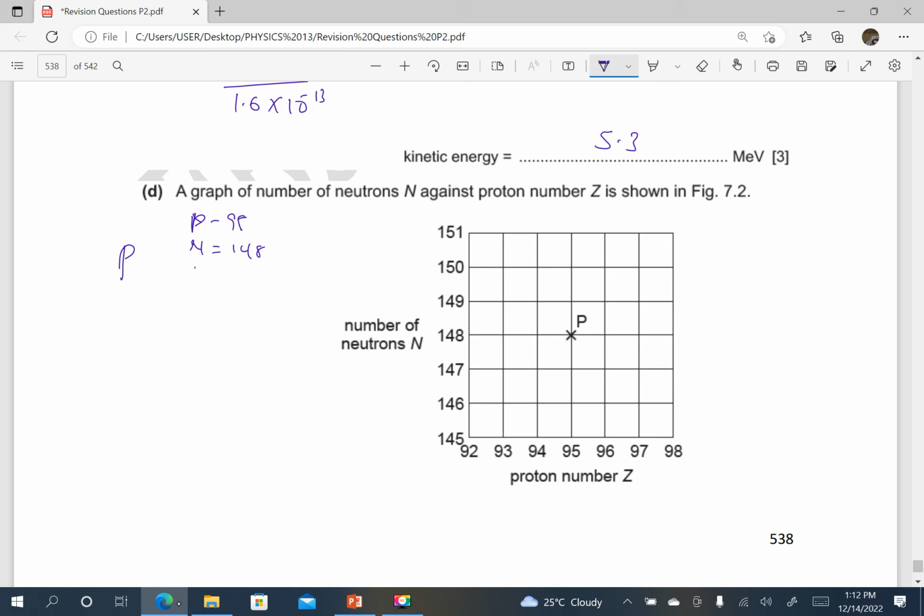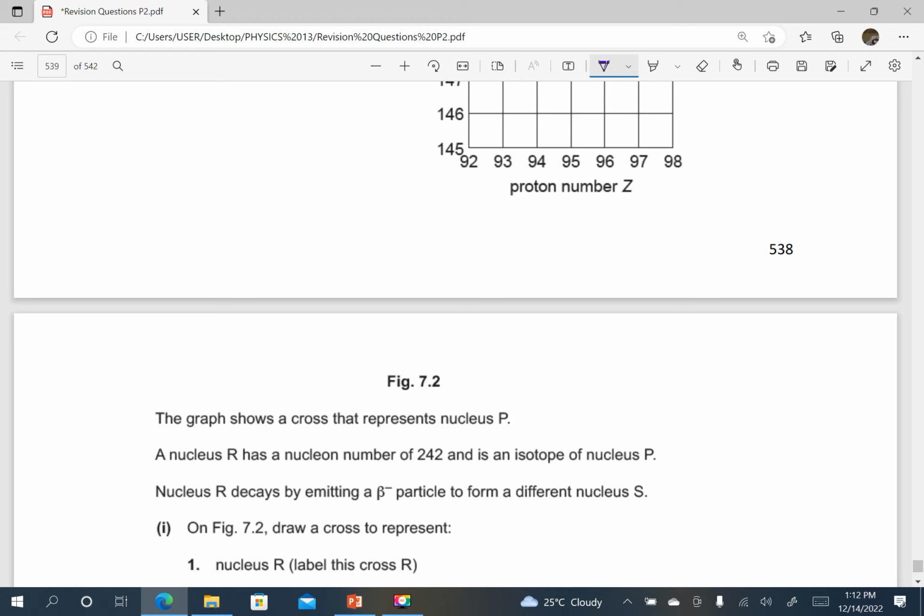That means number of nucleons, by the proton number is Z, you just add 95 plus 148. So this is 243. That is P. The graph shows a cross that represents nucleus P.